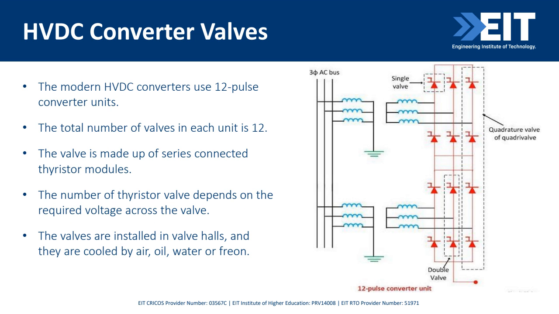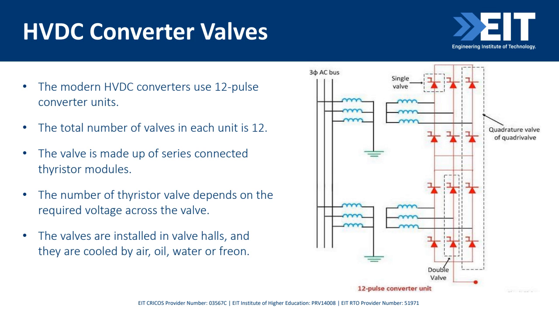So converter valves are also called valves or switches. They are the same thing. As I mentioned, we use thyristors or IGBTs or IGCTs these days as electronic switches. Basically, these valves open and close, and that way we can convert AC to DC.